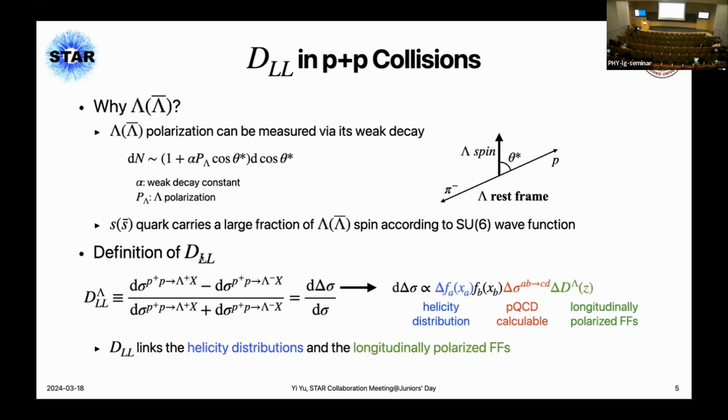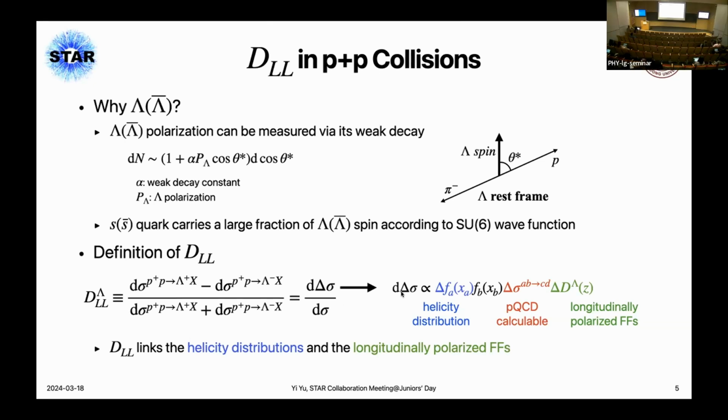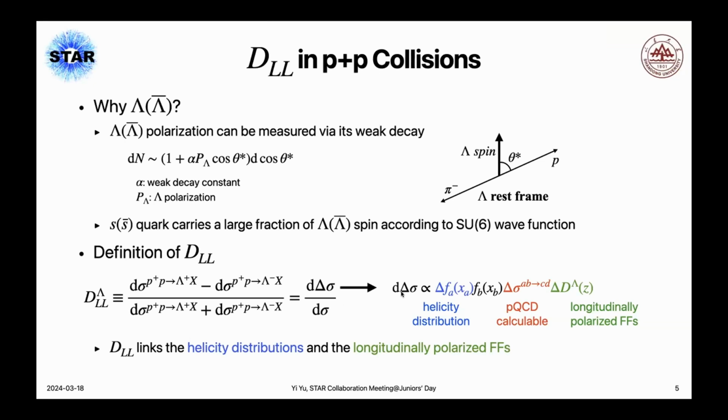D_LL in the pp collision is defined as the ratio of the cross-sections. The numerator is called the spin-dependent cross-section, and the denominator is the spin-independent cross-section. The spin-dependent cross-section can be factorized into three parts.